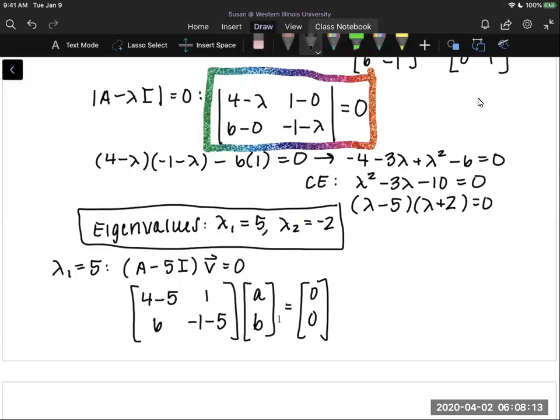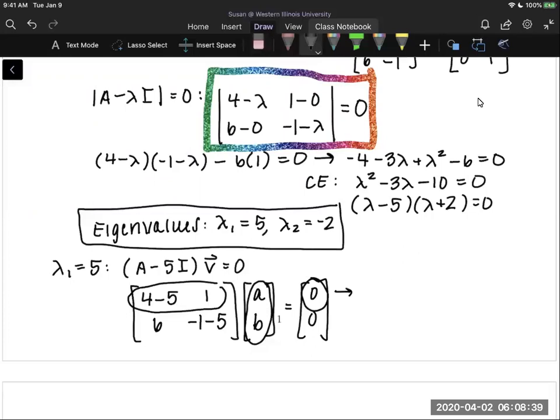So here's our setup. The question is, what must a and b equal? I'm going to carry out the matrix multiplication, starting by taking row 1 by column 1 and equating it to 0. For this row, 4 minus 5 is negative 1 times a, plus 1 times b.